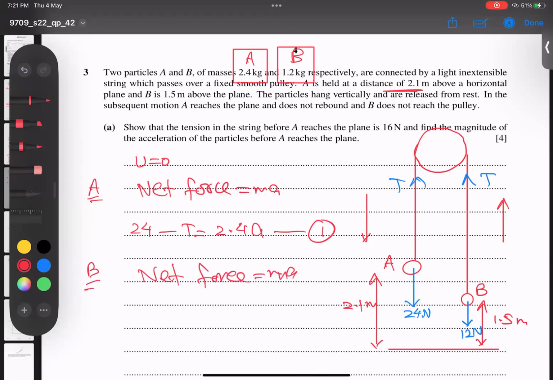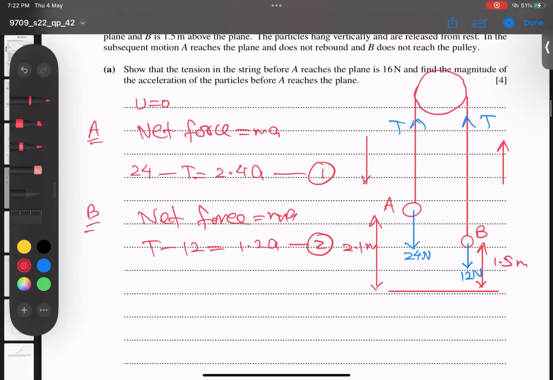So tension minus weight equals ma, with mass 1.2 and acceleration unknown. That is equation 2. Now we just solve them simultaneously, so I bring the second equation down.